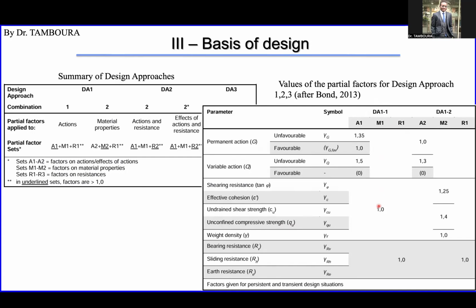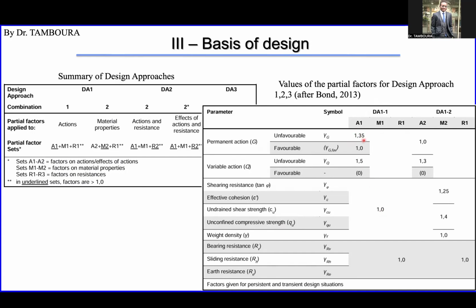For material, for example, for shearing resistance, cohesion, undrained shear strength, and unconfined compression strength, M1 is saying you apply just 1. You divide the material by 1. So the way it works is, for the force or load coming, we multiply it.